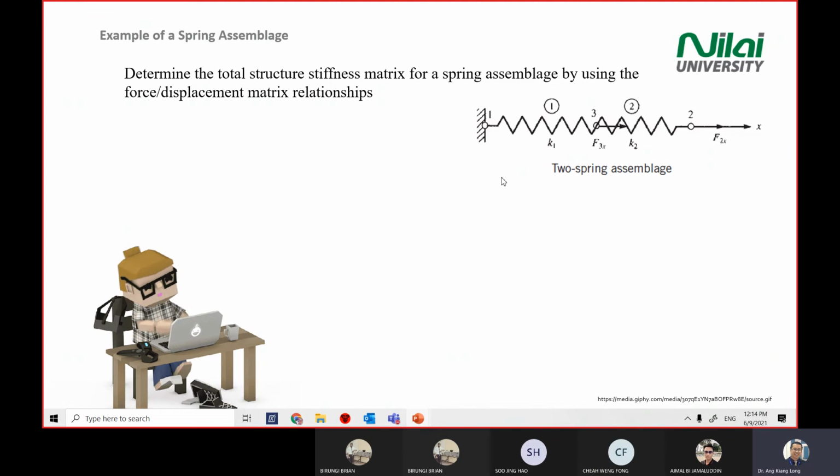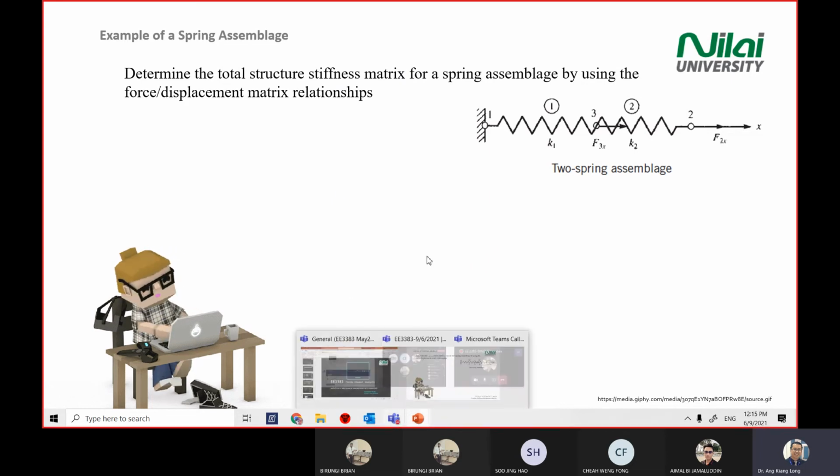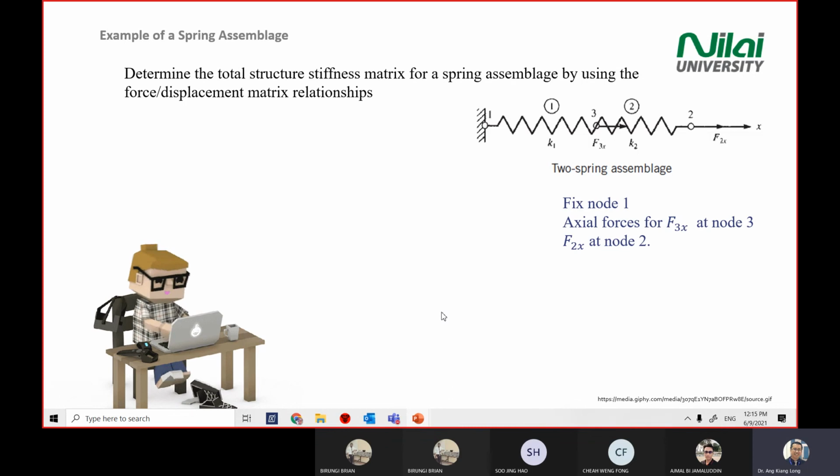Okay, let's continue with the question itself. The question asks us to determine the local structure and the total structure stiffness matrix, which means that we are going to find the K matrix, for the spring assembly given below, by using the force displacement matrix relationship. Now, before we start, I just want to test whether you understand or not.